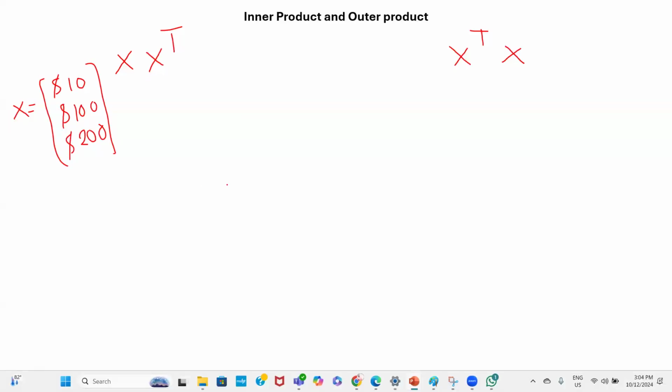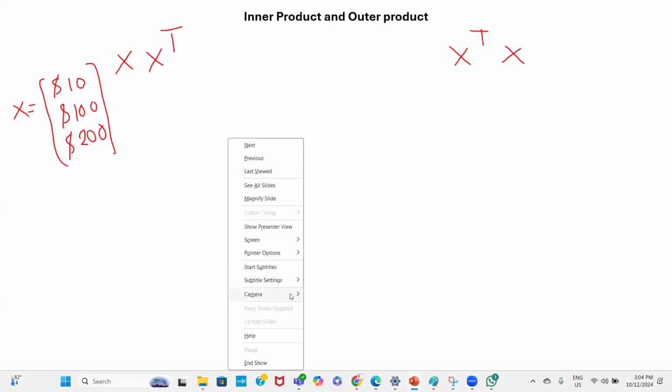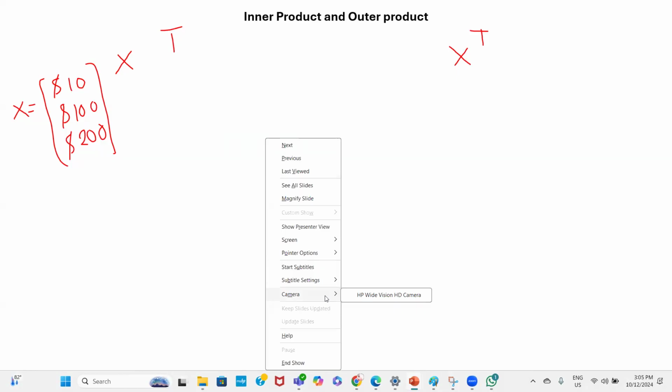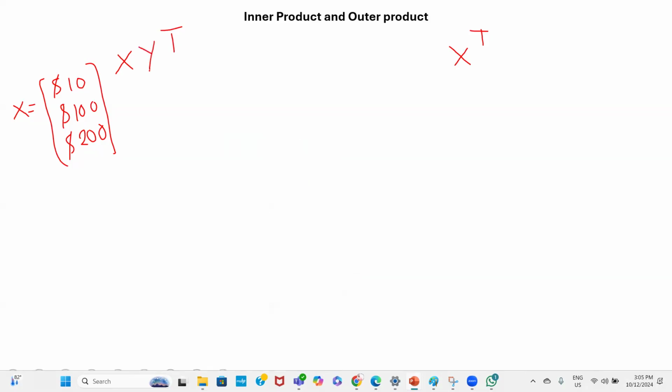Instead of x into x transpose, let me take this as x into y transpose, x transpose into y.